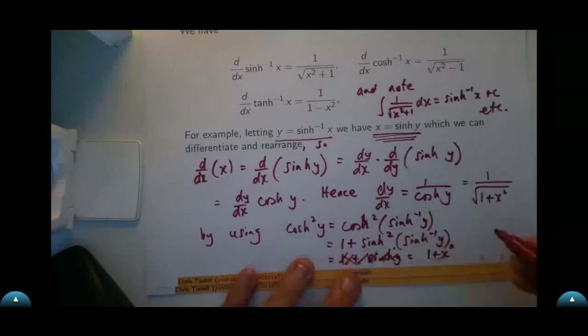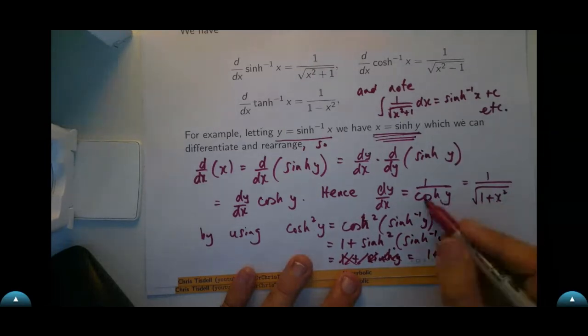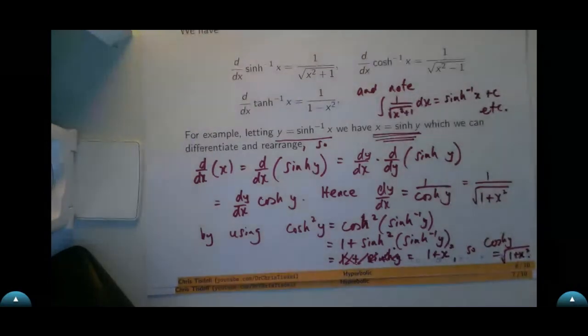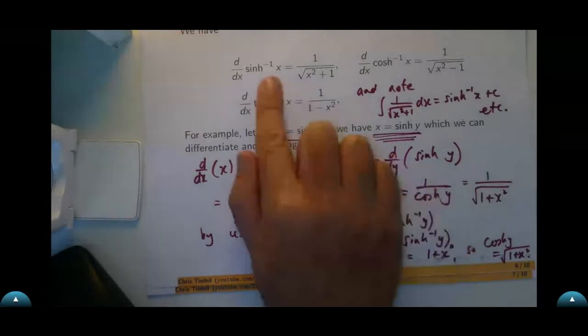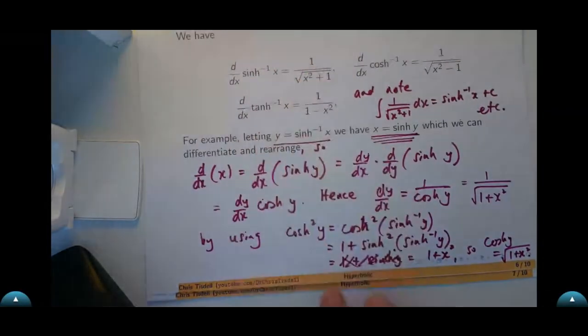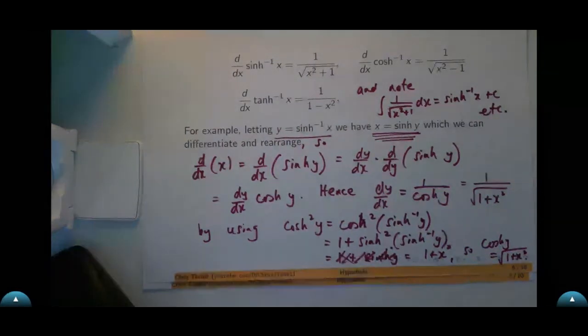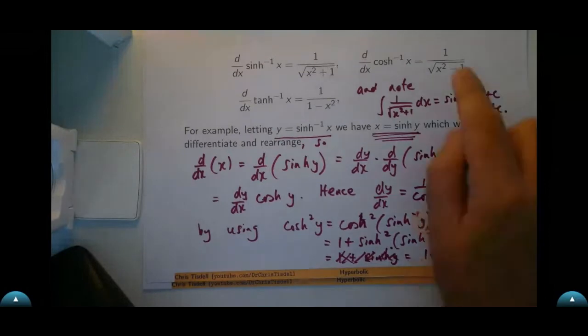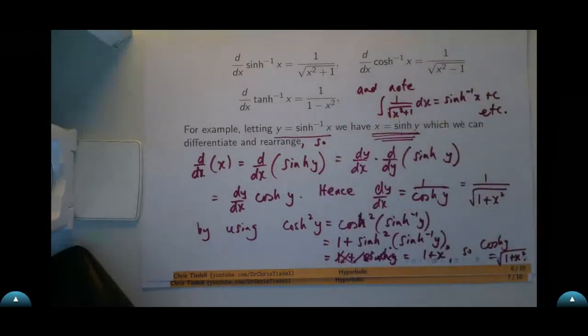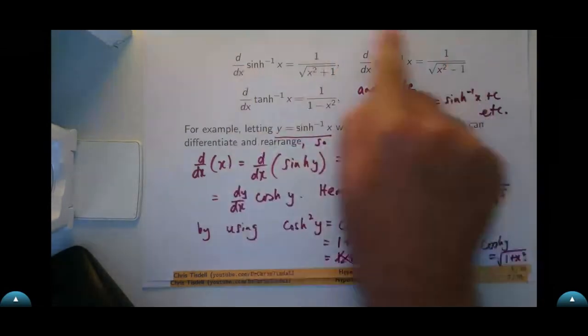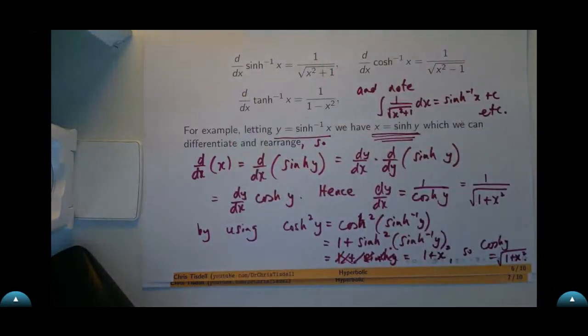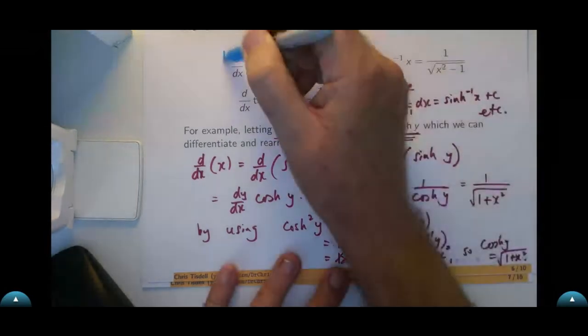Okay, and so you take the square root, 1 plus x, root 1 plus x squared. So that goes there. Okay, so that's a simple but quite involved derivation of how you get that derivative into that form. Okay. So you can do that with the other ones if you want to, but again, you don't need to memorize these things because you'll have them in the exam.